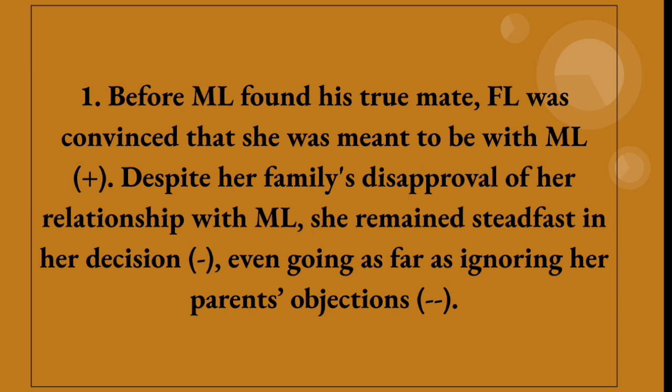This is a negative emotion. There is a disapproval of her relationship with the male lead, but she still kept on pushing that one day it is going to work between them. That's a negative emotion because the parents or the family of hers didn't support her relationship with the male lead. So she went as far as ignoring her parents' objection. So that is a strong negative emotion.